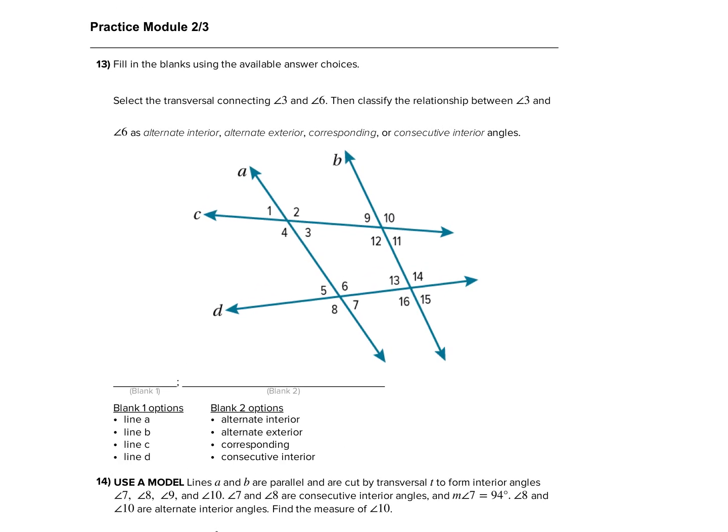We're asked to do the same thing here, except this time we're looking at angle 6 and 3. So here's angle 3, here's angle 6. They are both along line A. So line A is our transversal.